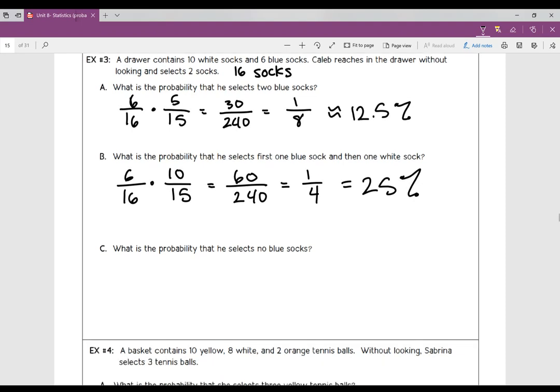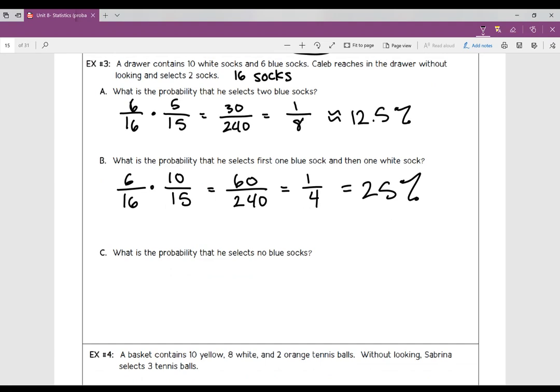That's not bad. So what's the probability that he selects no blue socks? Okay, so that would be the probability of not blue. So the probability of not blue is all the white socks.